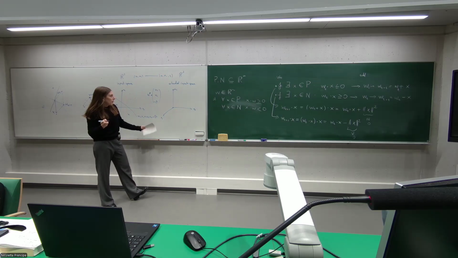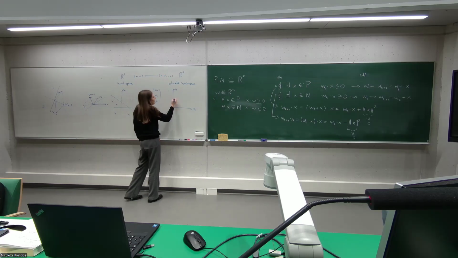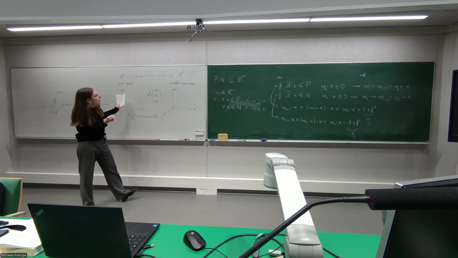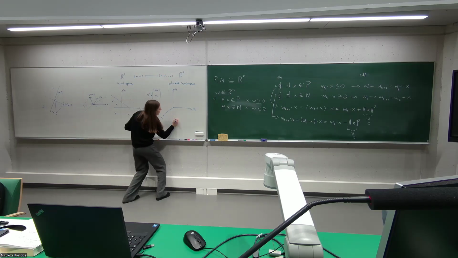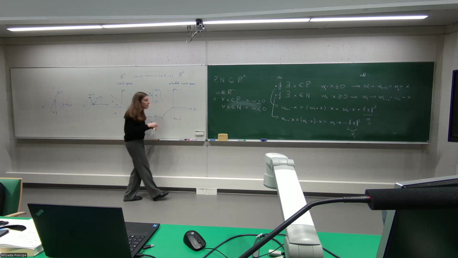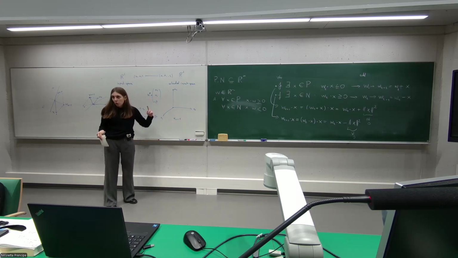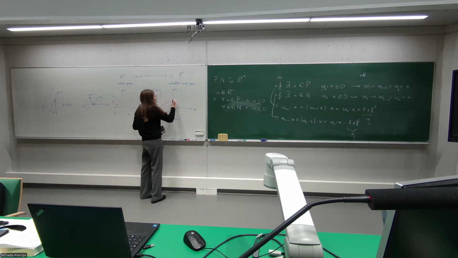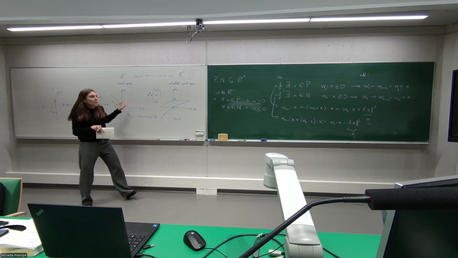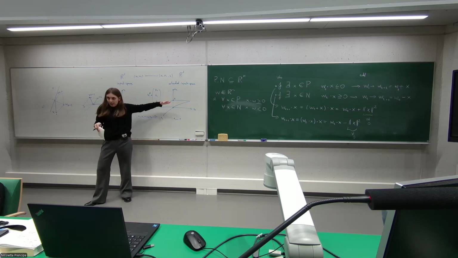So I'm sending all this plane into the plane of equation x3 equal to 1. This is a plane, because with just one equation in a space of dimension n, you get something of dimension n minus 1. So all my points and my whole problem are sent to this plane at height 1.